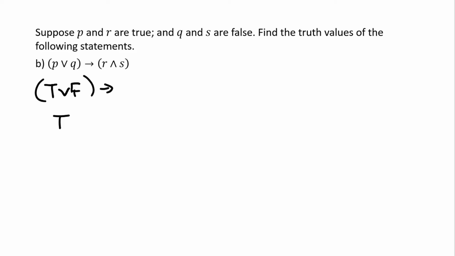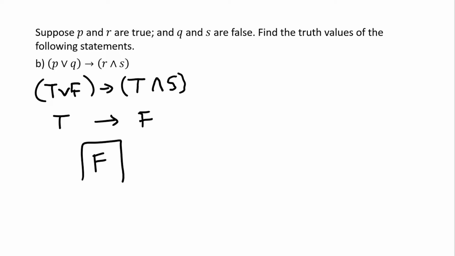Let's continue. R is assigned the truth value of true, and S is assigned the truth value of false. So true and false is false. And we have, finally, true implies false, which is the only false implication. So part B is false.